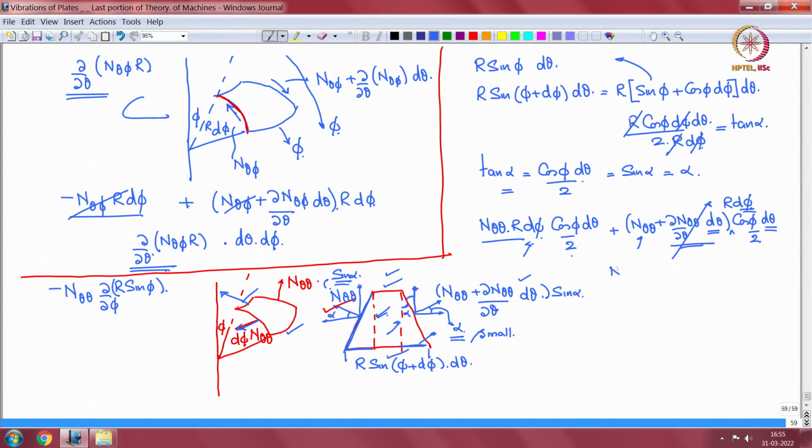So I get n theta theta r cos phi into d phi d theta, and it's in the direction negative phi. So that's what we get over here: minus n theta theta r cos phi.